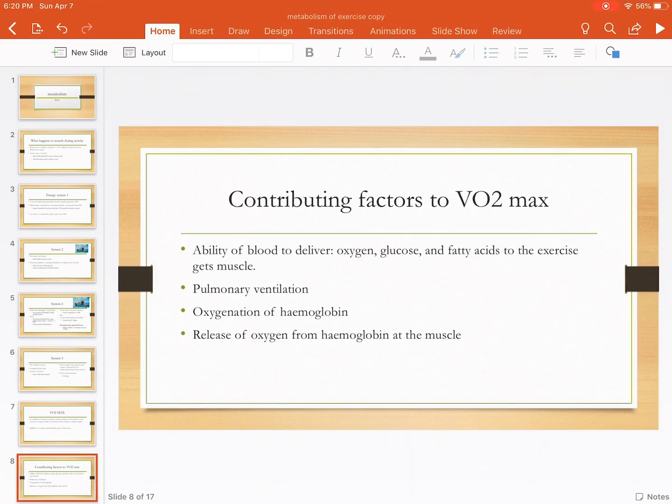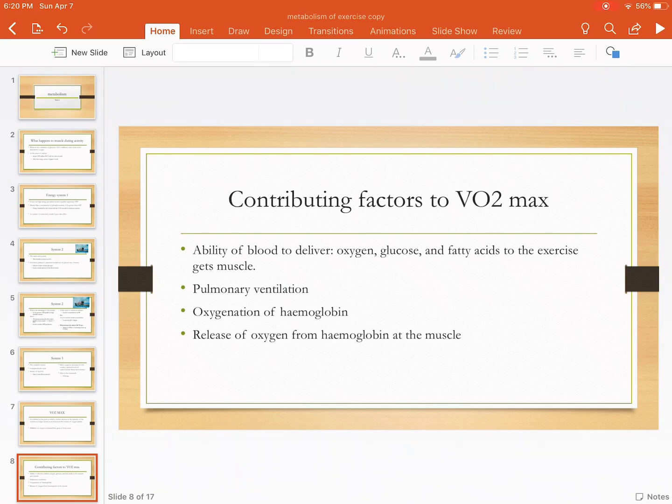So now the factors that contribute to VO2 max is the ability of the blood to deliver oxygen, glucose and fatty acids to the exercising muscle. It's your pulmonary ventilation. So if somebody is a smoker, or somebody has asthma, they do not have the optimum pulmonary ventilation.